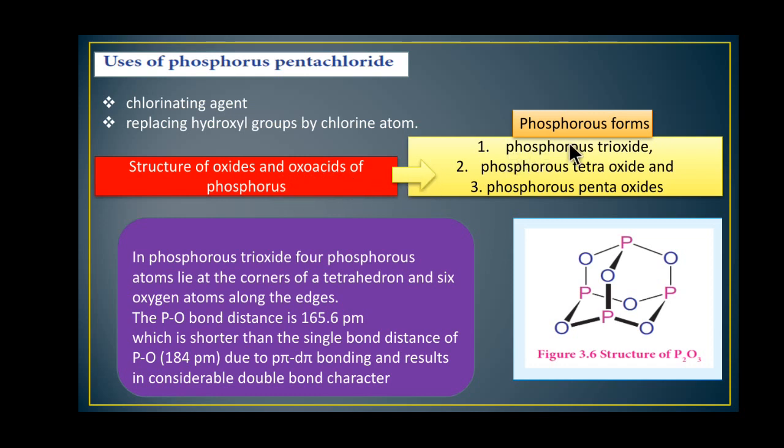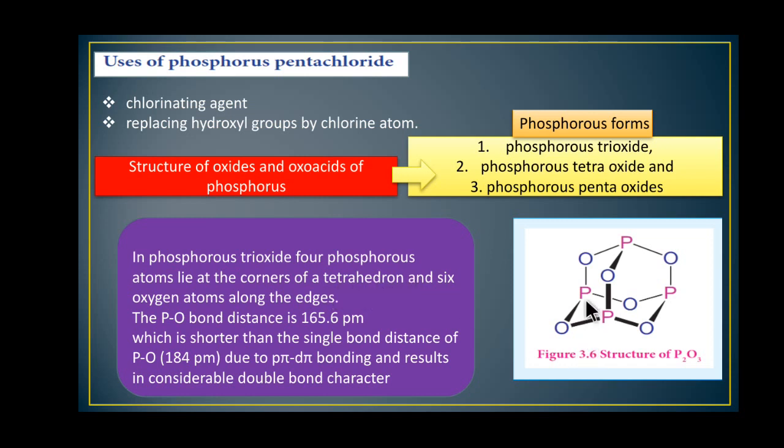So next, the structure of oxides and oxoacids of phosphorus. Phosphorus forms phosphorus trioxide, phosphorus tetroxide, and phosphorus pentoxide. Is it clear? These are the forms of phosphorus oxides. So now we are going to discuss the structure. In phosphorus trioxide, 4 phosphorus atoms lie at the corners of a tetrahedron. What is the tetrahedron position?